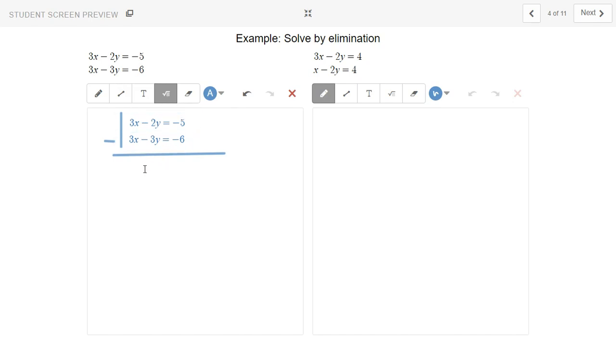My second term, let's write this on the side. This would become negative 2y minus 3y. Two negatives become a positive, and my new statement is negative 2y plus 3y, and that adds to a positive y.